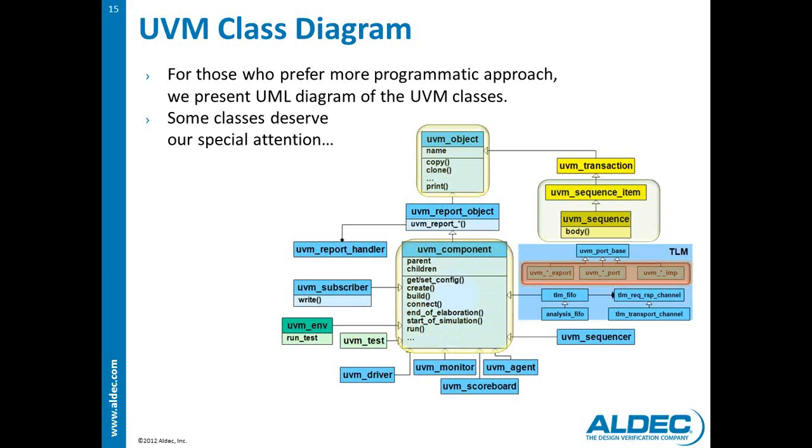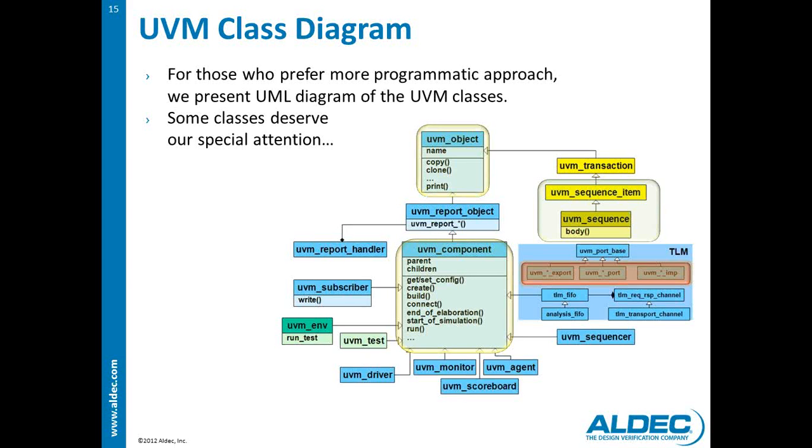Then we have another core element, uvm_component. As you see, it itself derives from uvm_object, but it adds a lot of functionality. Basically speaking, anything that builds the hierarchy of your class verification environment must be a child, one way or another, of uvm_component.